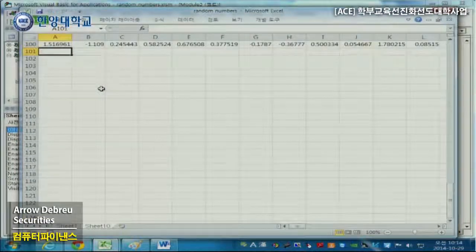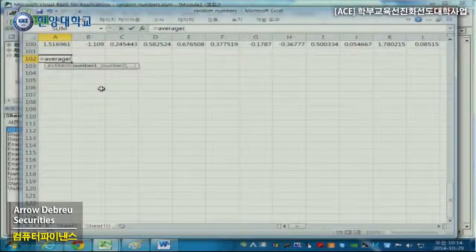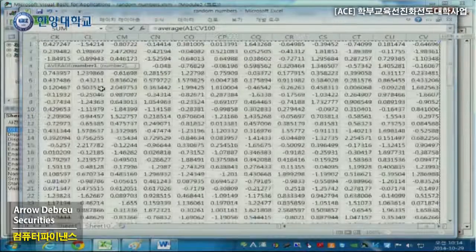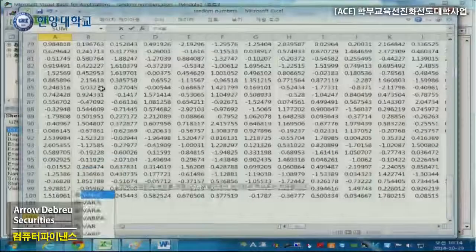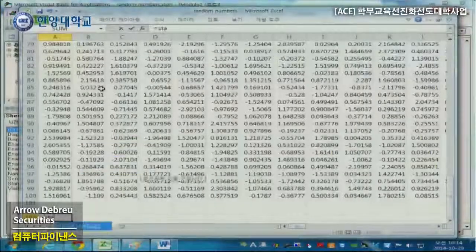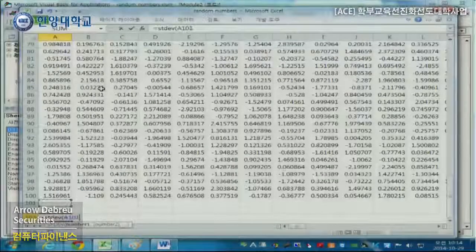Let's calculate the average. This is 10,000, so the average should be very close to 0, right? Not that close, but anyway. And then the standard deviation or variance should also be 1.